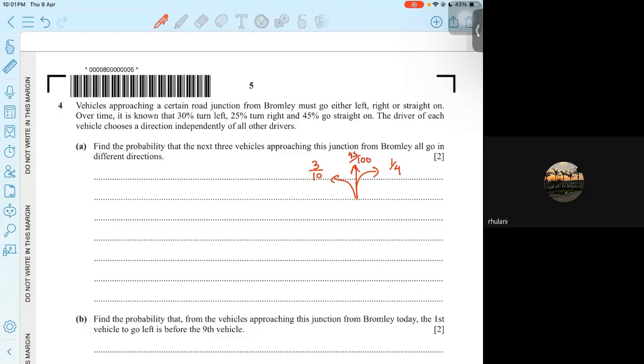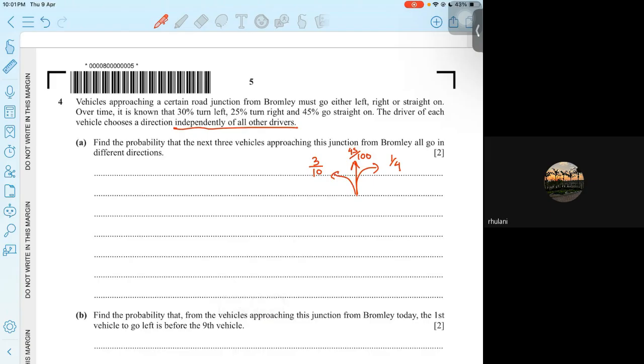The driver of each vehicle chooses the direction independently of all other drivers. That means what one driver chooses has no impact on any other driver. Okay, so it's a very important concept. Statistically, just know this. So find the probability that the next three vehicles approaching this junction from Bromley all go in different directions. So there's multiple ways of approaching this.